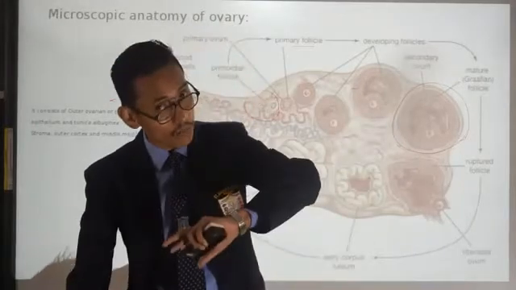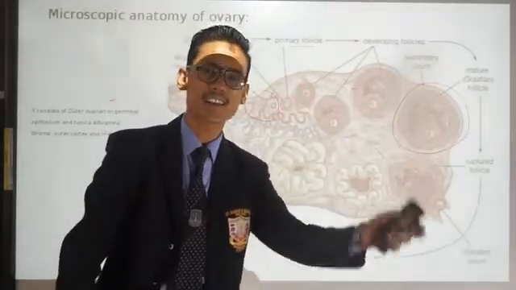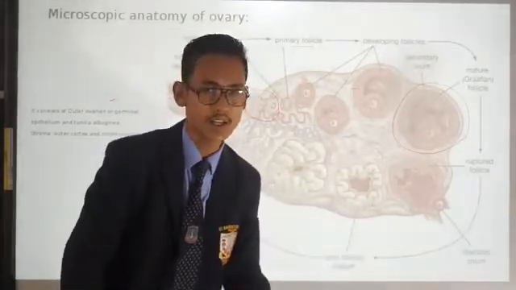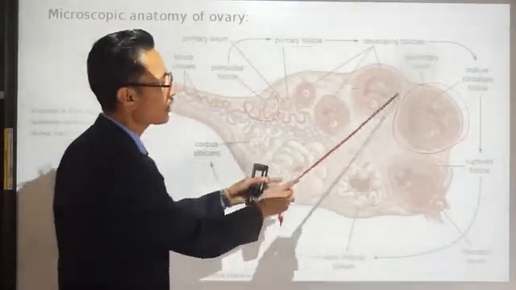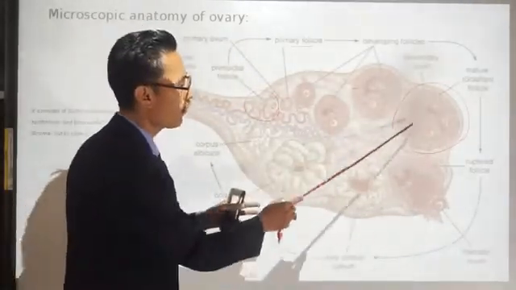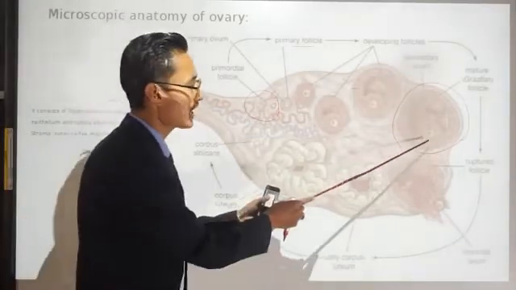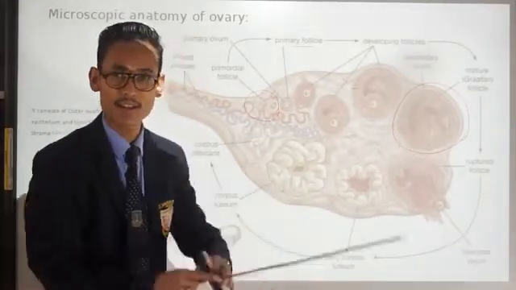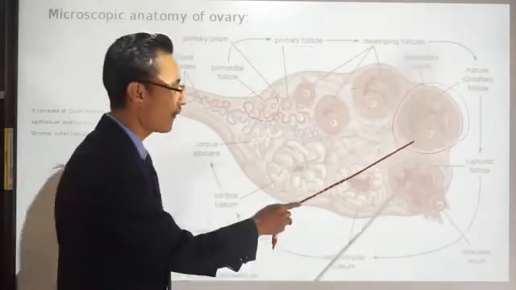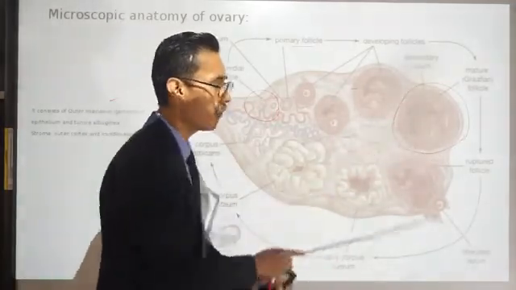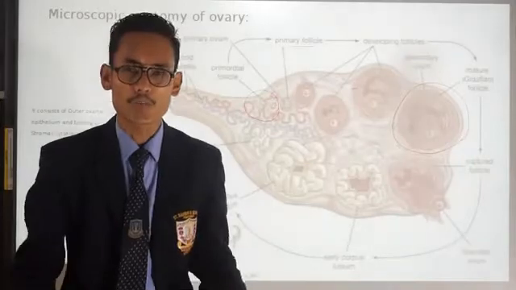So within the mature Graafian follicle, we'll find the antrum and the secondary oocyte.